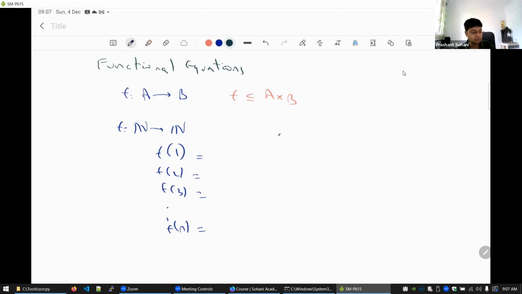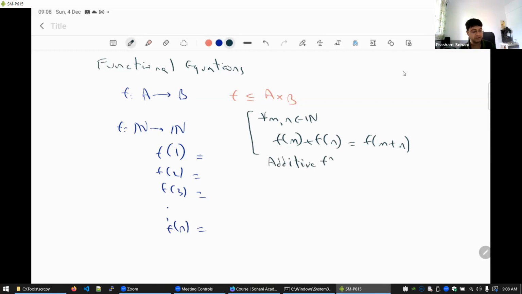So for example, the simplest function you can imagine is what we call a linear function. Suppose you are given that f of m plus n is equal to f of m plus f of n for all natural numbers. This kind of function is what we call an additive function.